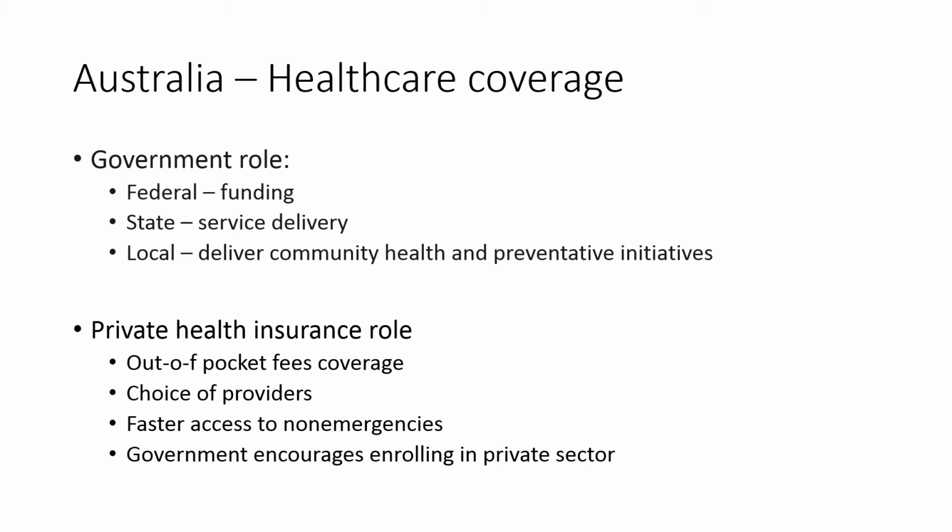What the government also does, as I was talking about, is encourage enrollment in private insurance through tax rebates and an income-based penalty for not having private insurance. So if you're a family that makes over $180,000 and you don't have private insurance, you will get a fine.